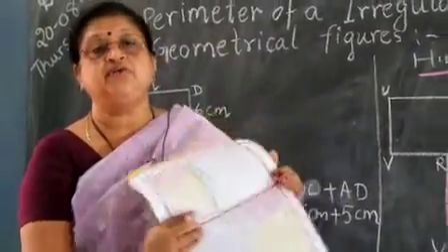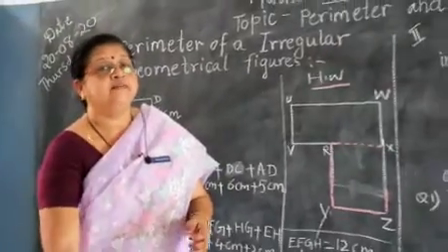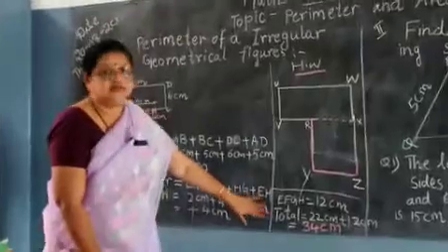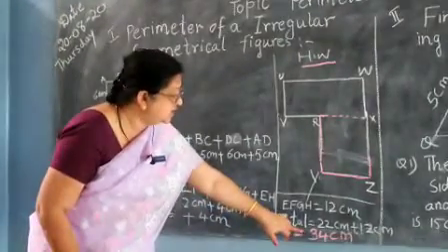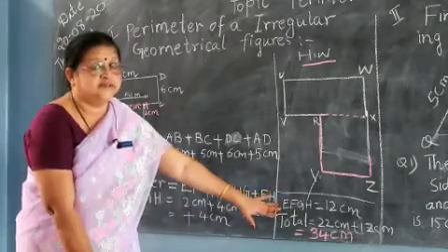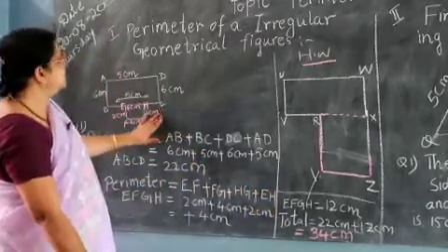I will be giving you in your homework app some more homeworks. Okay, so this is how. So for perimeter, you have to write in the end 34 centimeter. If it's area, then only you have to write square centimeter. So is this clear, children?